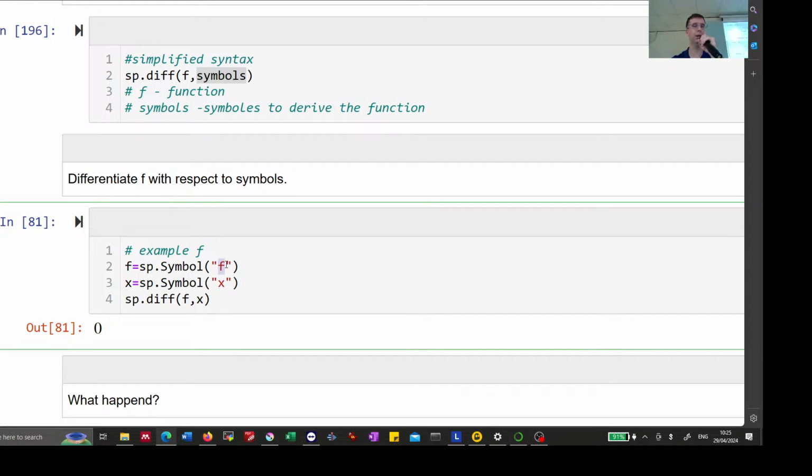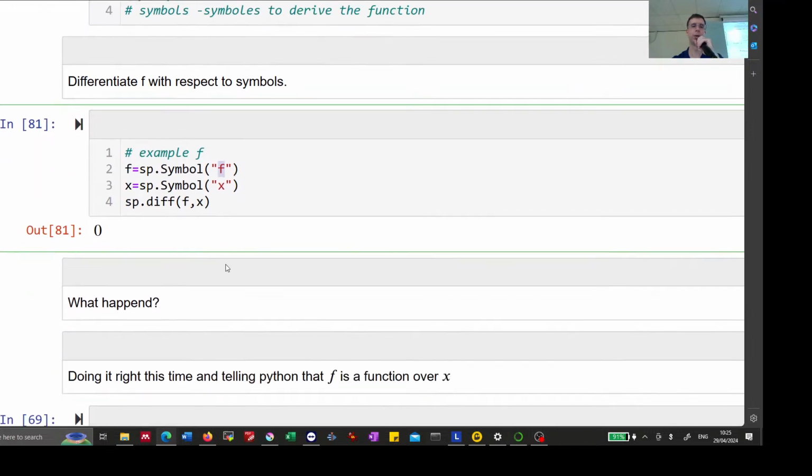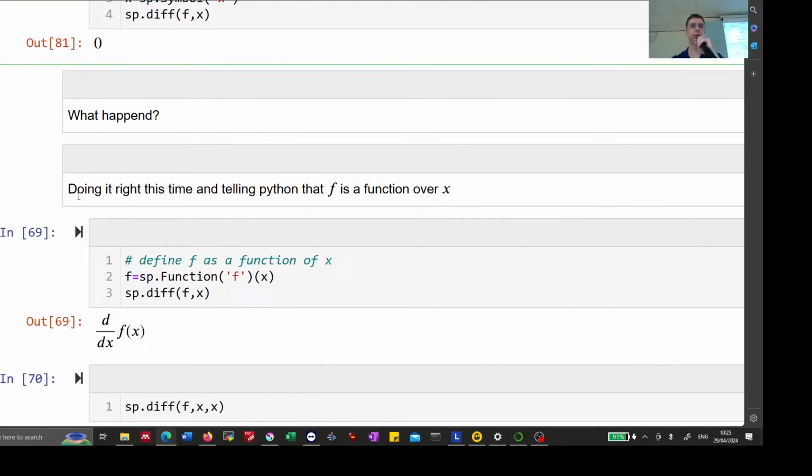We have never said that f is a function of x, right? So what happened? Doing it right this time, telling Python f is actually a function. So when we have symbols, right, they're supposed to be independent of each other. If you have one symbol a and you take the derivative of that symbol or variable with respect to x, well, then if they don't depend on each other, that is 0. So far, so good.